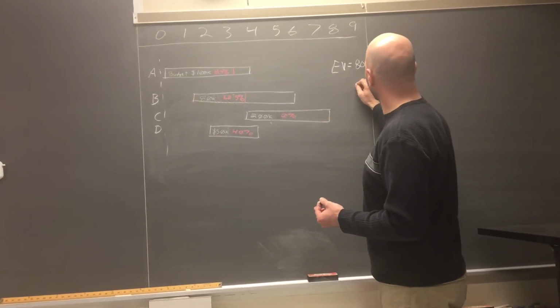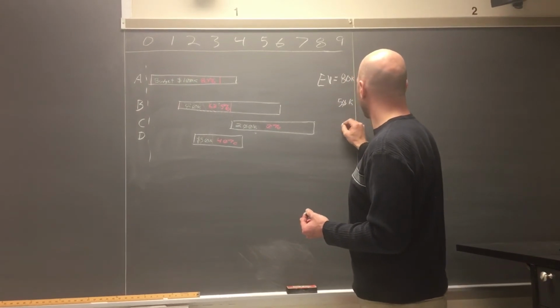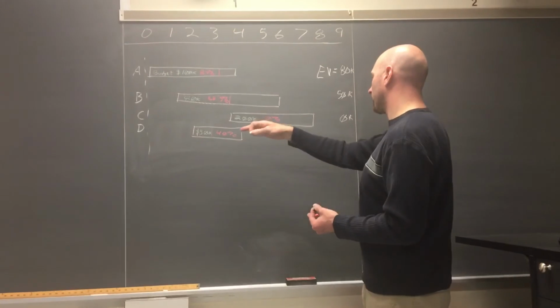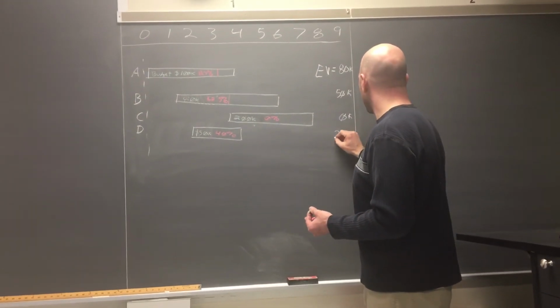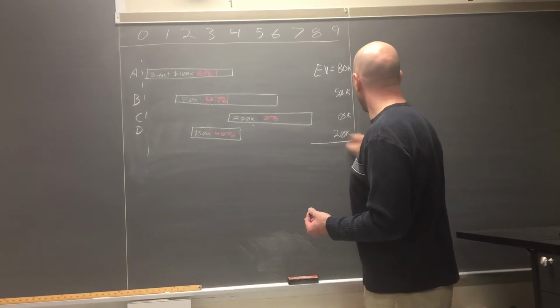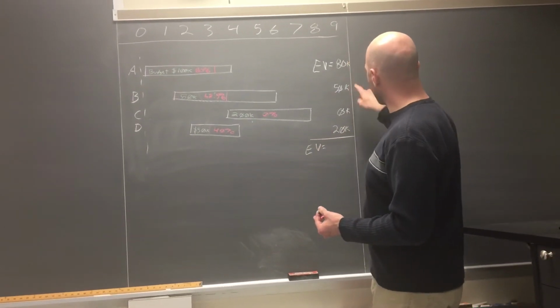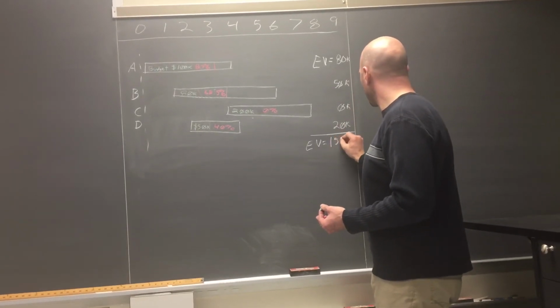I've earned 50K. I've earned nothing. I haven't done anything. And 40% of 50K is 20K. My total earned value is 80 plus 50, there you go, so 150K.